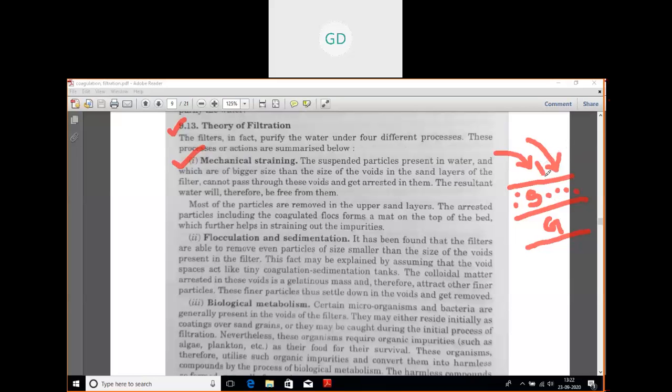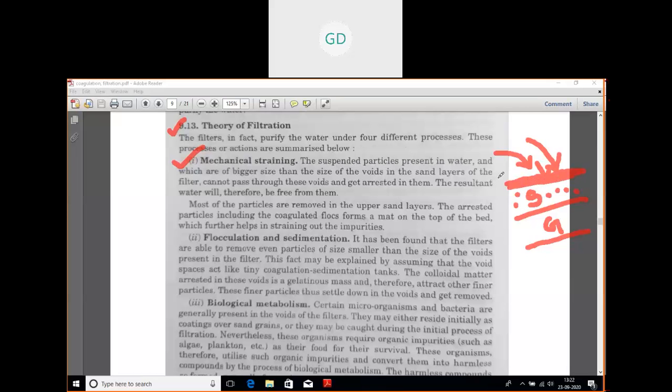When you pour this water here, the particles will get strained in the upper layer of the sand. These particles will form a mat in the upper sand layers. Like this the impurities are strained, so this is known as mechanical straining.